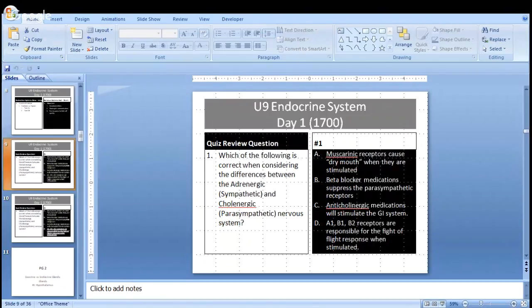A, muscarinic receptors cause dry mouth when they are stimulated. B, beta blocker medications suppress the parasympathetic receptors. C, anticholinergic medications will stimulate the GI system. D, A1, B1, and B2 receptors are responsible for the fight or flight response when stimulated.